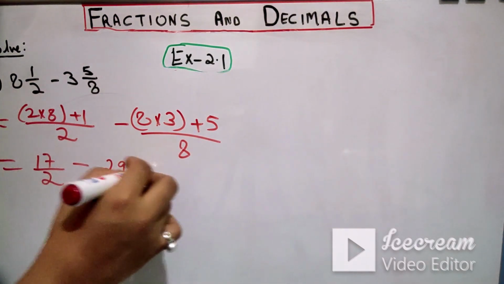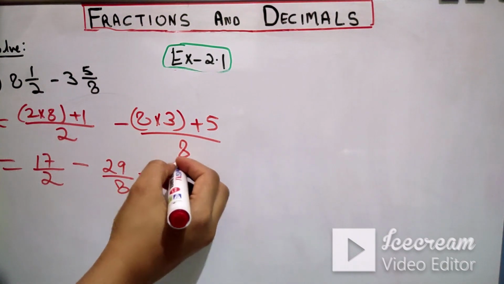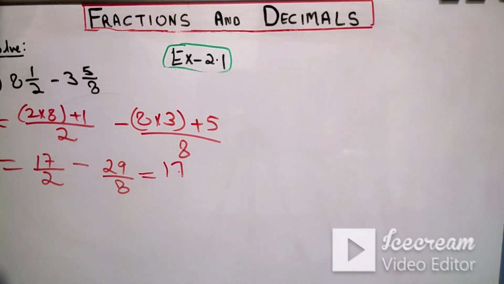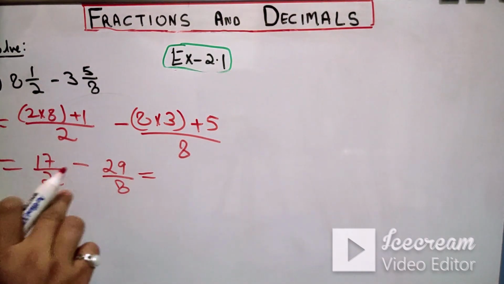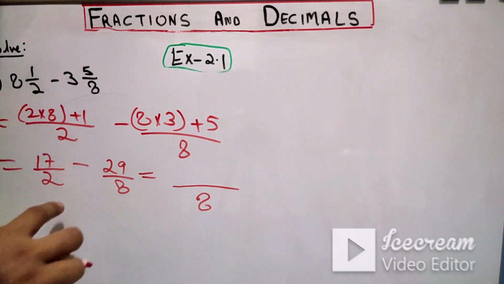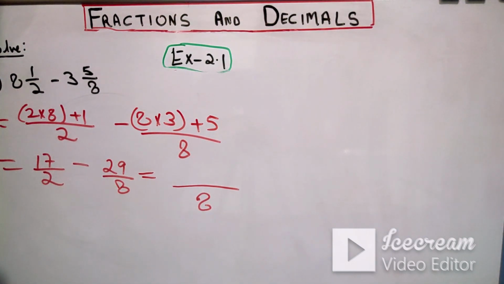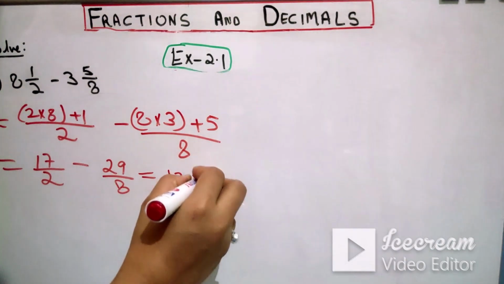We have already studied integers, so you could easily subtract this. But there is no need to subtract it first, because the denominators are not the same. So we will take the LCM of 2 and 8, and we will get 8 as the LCM. How many times does 2 go into 8? 4 times, so 17 into 4.